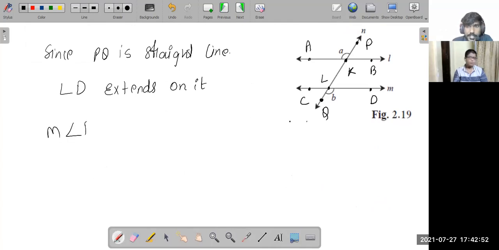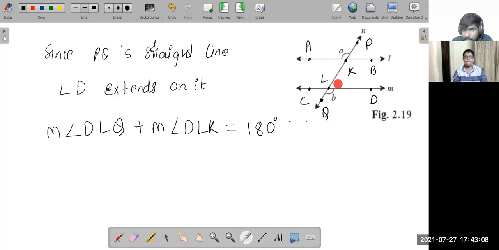Measure angle DLQ plus measure angle DLK forms a linear pair. So that will be 180 degree. Is this correct? That is this one and this one. I hope no confusions. Okay. So measure angle DLQ is nothing but angle B. So measure angle B plus measure angle DLK is equal to 180 degree.